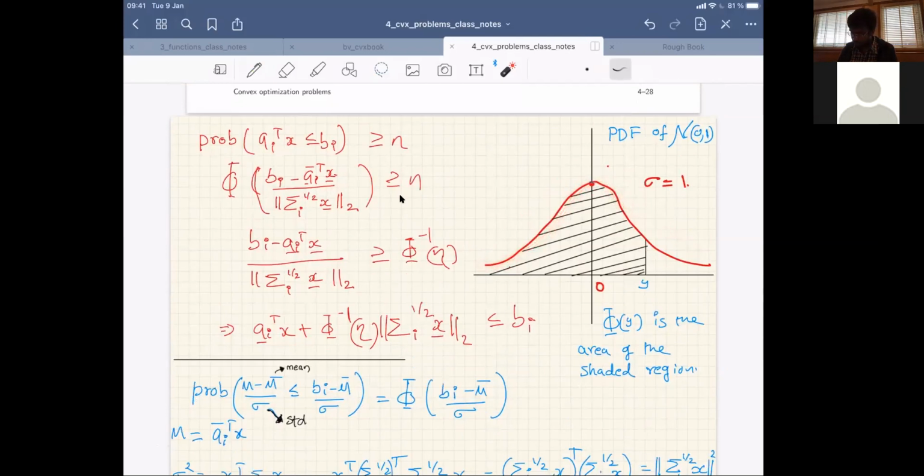So this means you have a PDF of zero mean and unit variance.